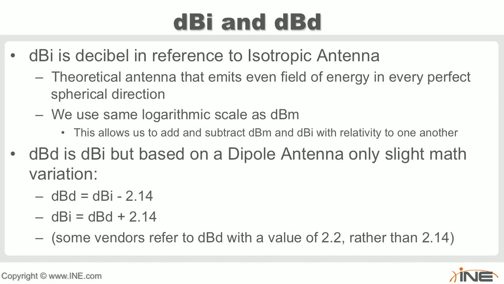So if I've got 10 dBm, which, as we just talked about, is 10 milliwatts of power, and I also have, let's say, 3 dBi, I can add 10 dBm plus 3 dBi, and I have the equivalent of 13 dBm or dBi. It really doesn't matter how I want to refer to it.